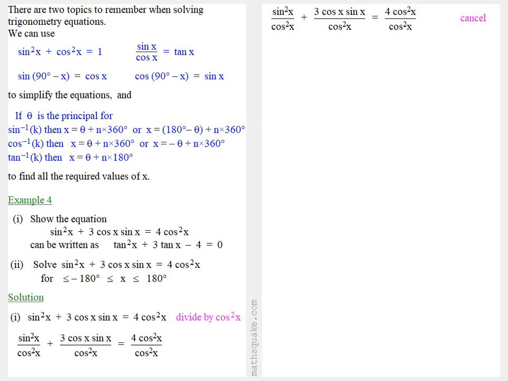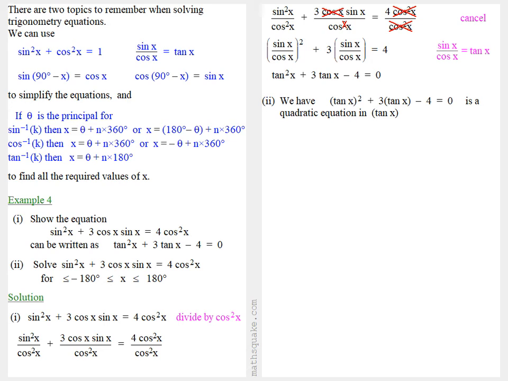Now we can cancel a lot of that, and that gives us sin x over cos x all squared plus 3 into sin x over cos x equals 4. But sin x over cos x is equal to tangent of x. So we have tan squared x plus 3 tan x minus 4 equals 0.